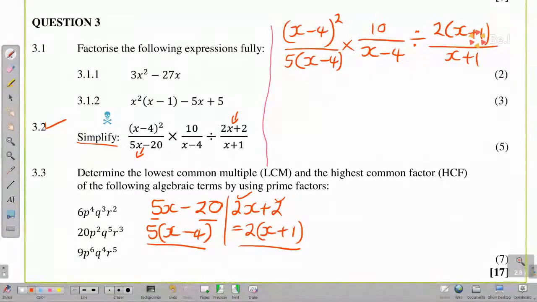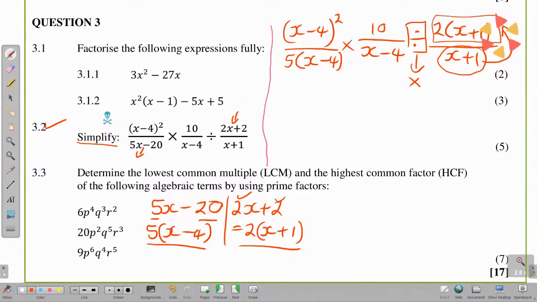Are you seeing that? Now, before I do anything, I start cancelling. Get rid of this division sign. What do you do? Convert it into a multiplication sign, because you don't want to start cancelling wrong things. How do you convert it into a multiplication sign? The part after the division sign goes to the top, and this part, all of it, will go to the bottom.